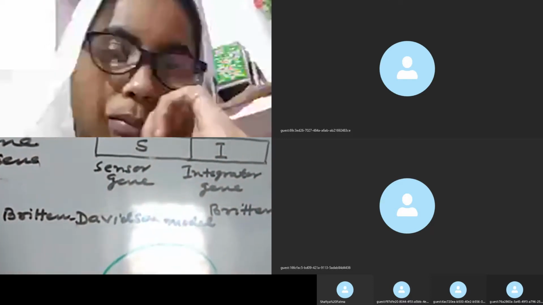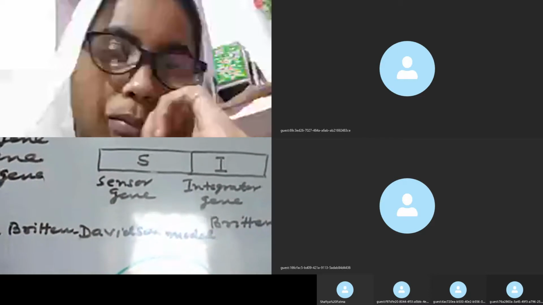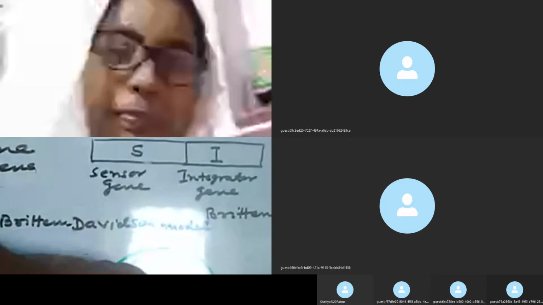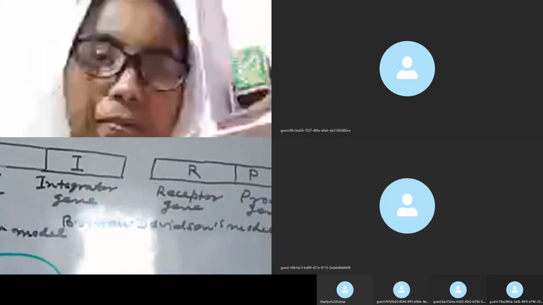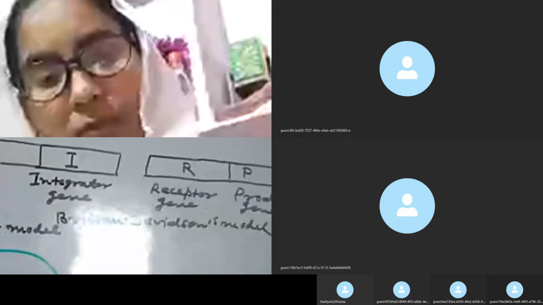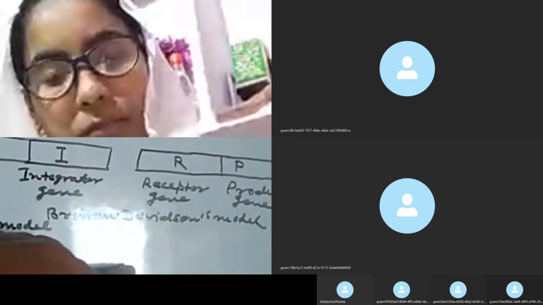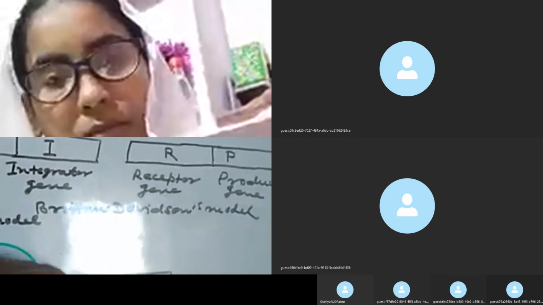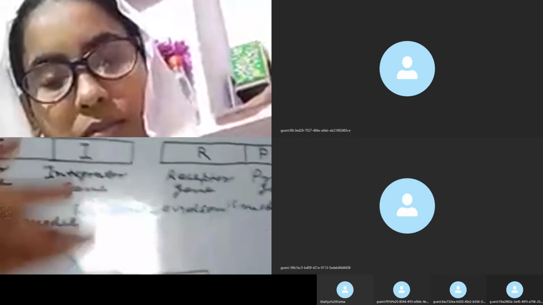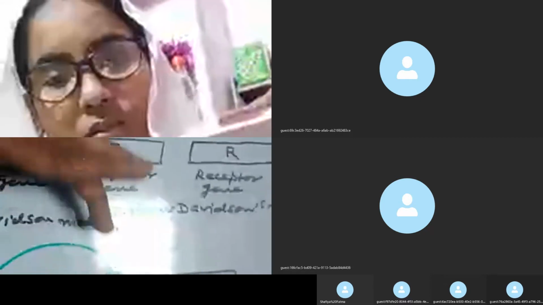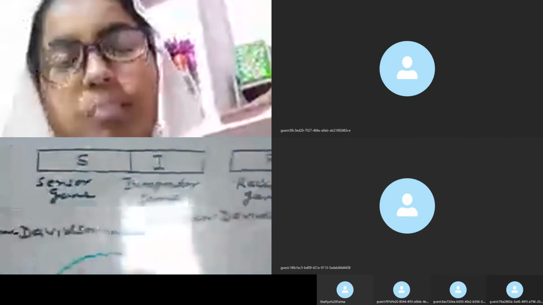When the integrator gene gets activated, it produces some chemical, and that chemical binds with the receptor and stimulates it. When the receptor gene gets stimulated, it in turn stimulates the producer gene, and when the producer gene gets activated, transcription takes place. So this is the mechanism of working of this Britten-Davidson model.